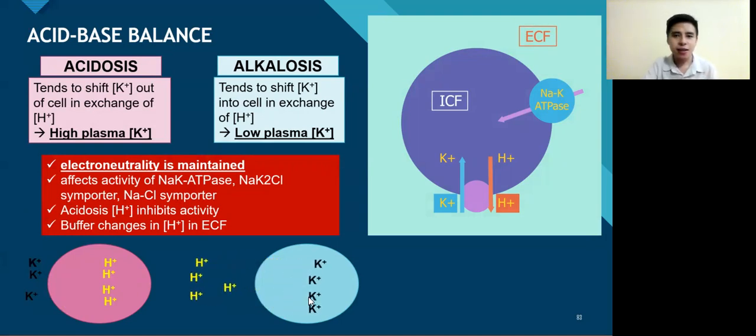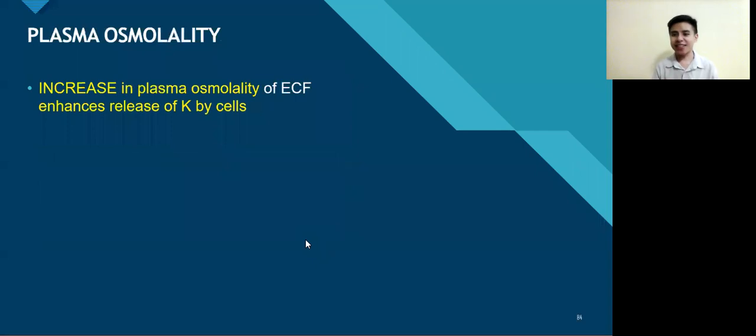How about plasma osmolality? Here again is plasma osmolality. An increase in plasma osmolality will enhance release of potassium, so high plasma osmolality will lead to hyperkalemia. How? Because of the volume changes inside the cell. Let's remember what we discussed about changes of volume and osmolality between ICF and ECF.